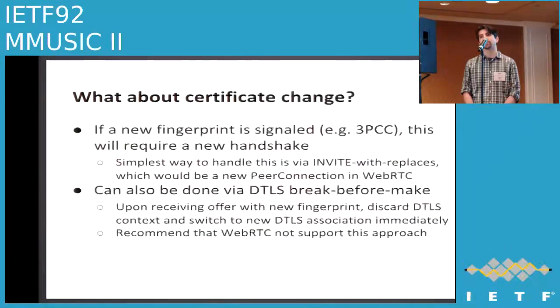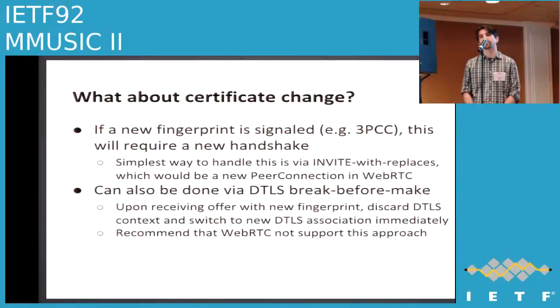I think in WebRTC, in a lot of these renegotiation third-party call control cases, we want people to use a new peer connection. It's very consistent with that. If you want to do this in an existing session or peer connection, because there's no demuxing of old versus new DTLS connection, you would basically have to throw away your existing DTLS context completely and create something new, basically break before make.